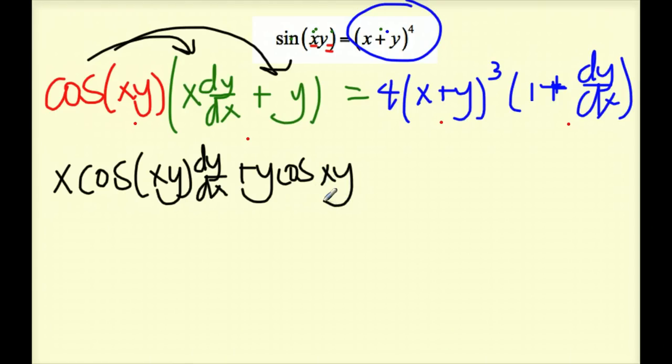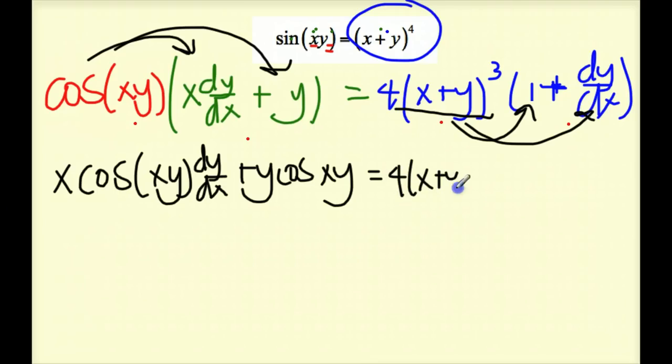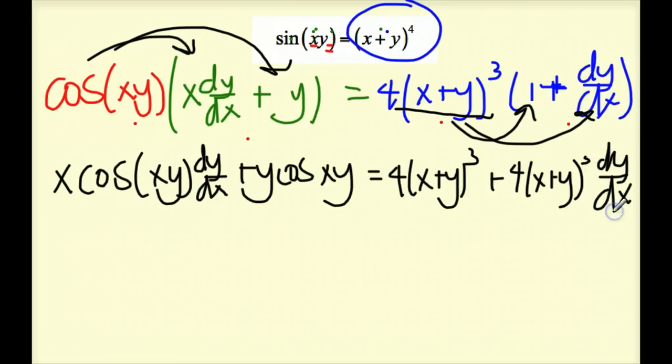And I also need to distribute this whole thing to here and to here. And so I get is equal to 4 times (x + y)^3 times 1. So I'm going to leave that. Plus, I'm going to squeeze this in here, 4 times (x + y)^3 dy/dx. So that's a third right there.